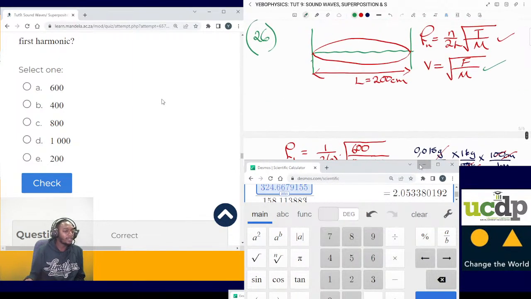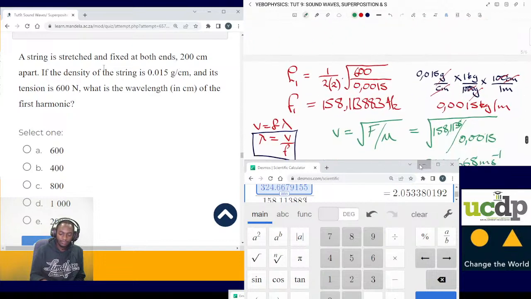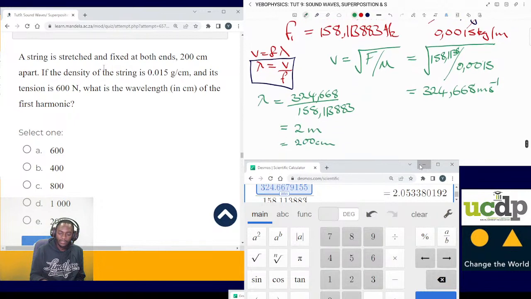Our length was 200 centimeters apart. So which one do we take now?